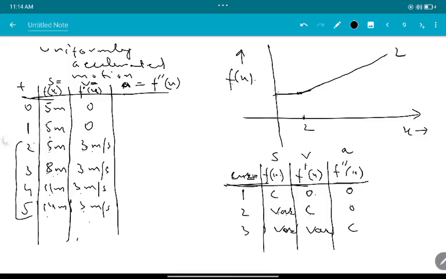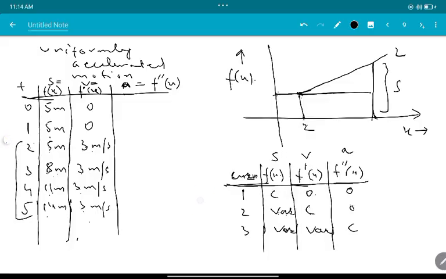So this explains curve number 2, and this also explains why the distance traveled at the end of this, say at the end of this, should be equal to the distance traveled at the end of the second.